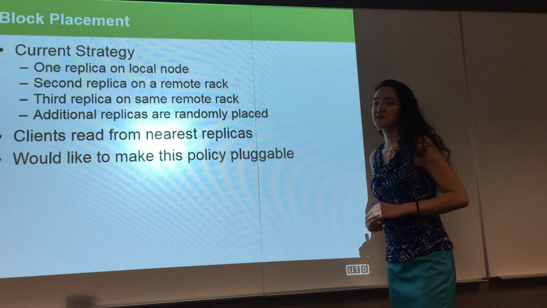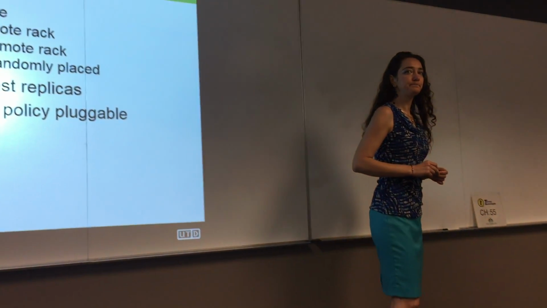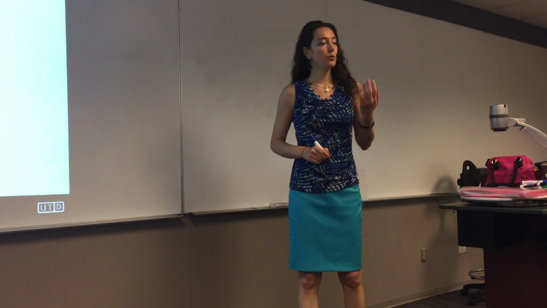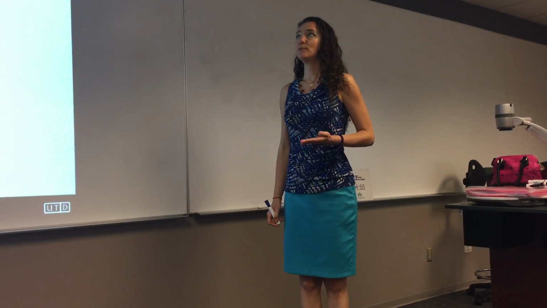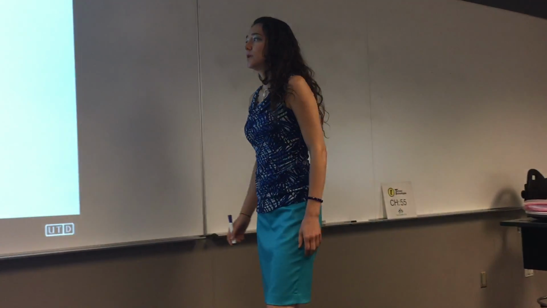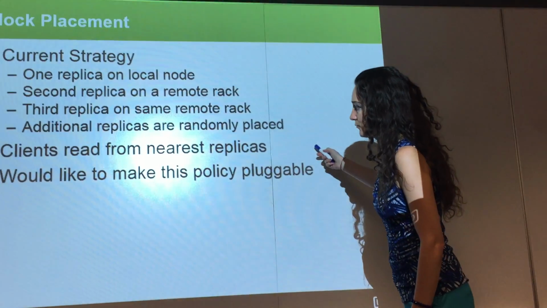If we want to have more copies than that, they are randomly placed anywhere. Okay, so if one of the nodes fails and the block is lost, then we need to obtain the copy from the nearest node.